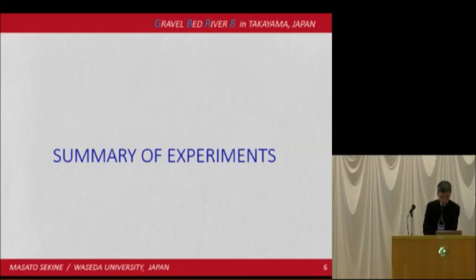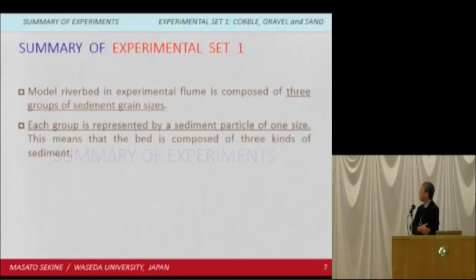So let's talk about the summary of the two experiments. Here is a summary of experimental set 1. The model riverbed is composed of 3 groups of sediment grain sizes.